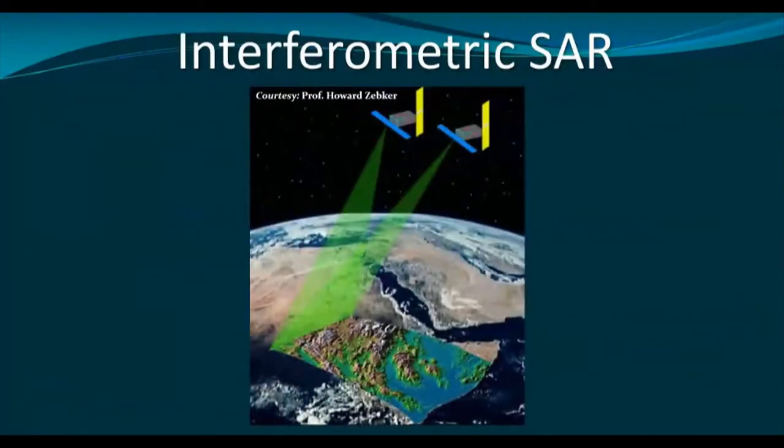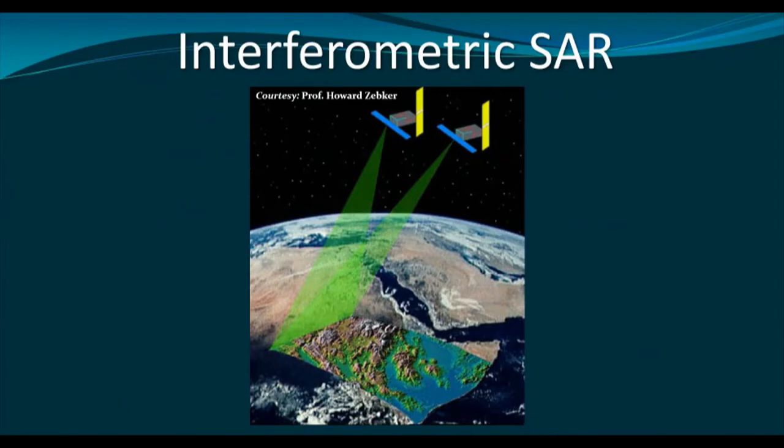Next is interferometric SAR, in short, we say InSAR. In case of interferometric SAR, as I told you, more than one sensor should collect the image for the same earth surface area from two different locations.